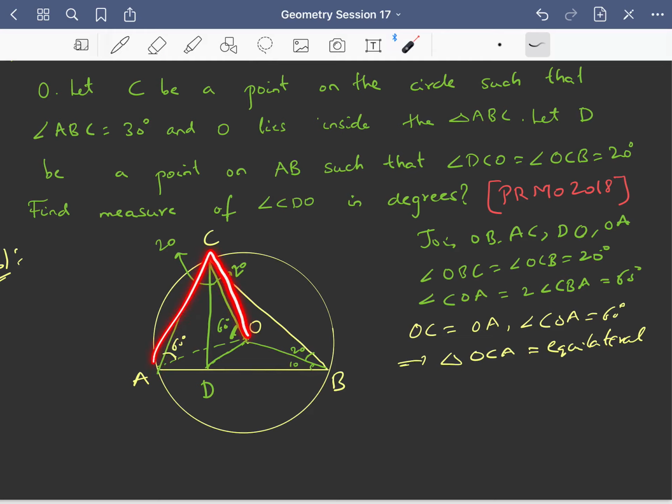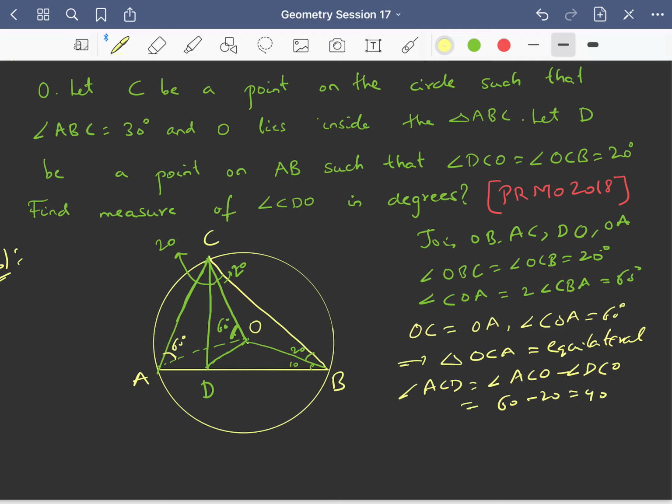So angle ACO is 60, it means if this is 20 then this is 40. So angle ACD is equal to angle ACO minus angle DCO, which is 60 minus 20, which is 40. Fine. So this is 40 and this is 20.